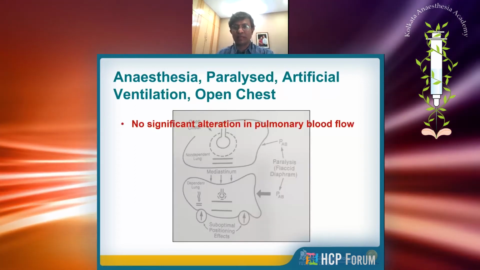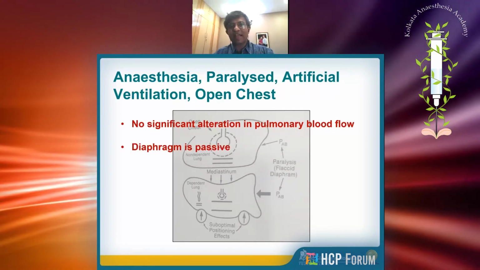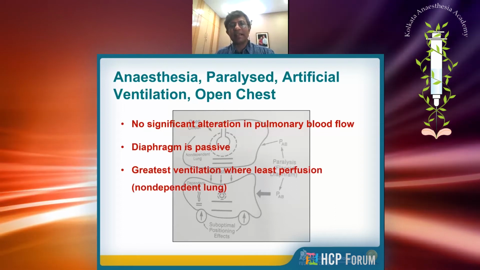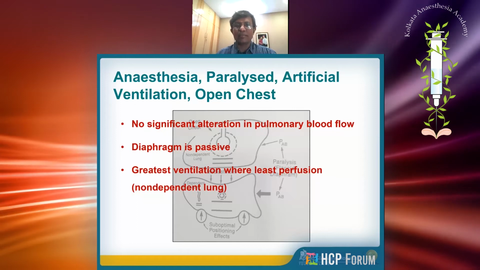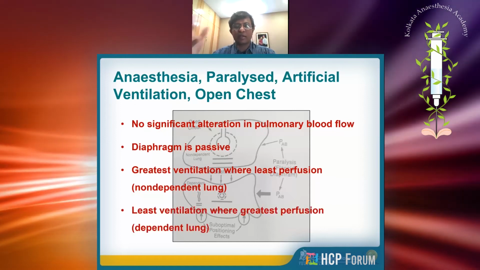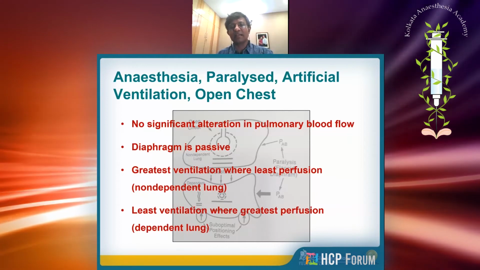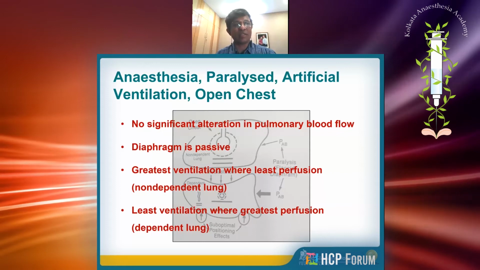Again, with perfusion, there is no alteration. The diaphragm becomes passive; we had discussed this. And the greatest ventilation is where the perfusion is the least, that is in the non-dependent lung, because the compliance suddenly increases, and the least ventilation is where the perfusion is the greatest, that is in the dependent portion of the lung.